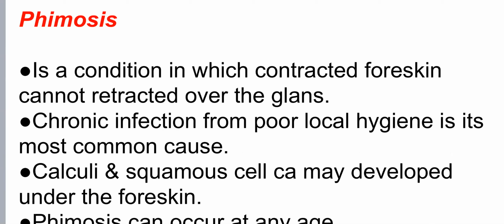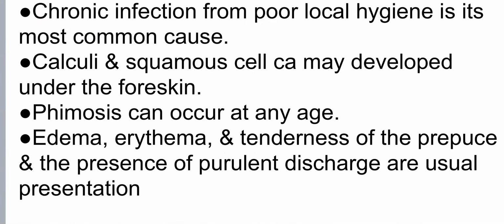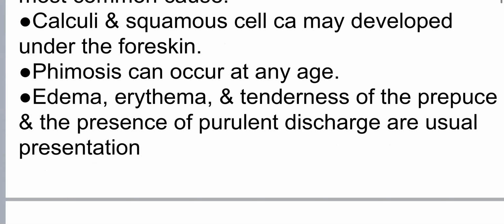Calculi and squamous cell carcinoma may develop under the foreskin. Phimosis can occur at any age. Edema, erythema, tenderness of the prepuce, and the presence of purulent discharge are usually the presentation.